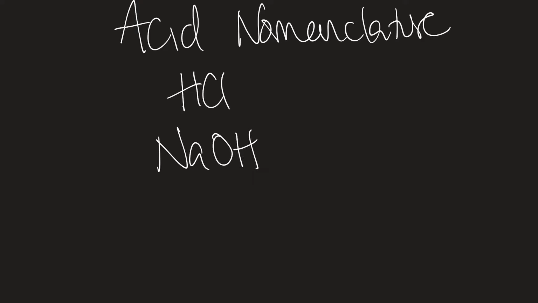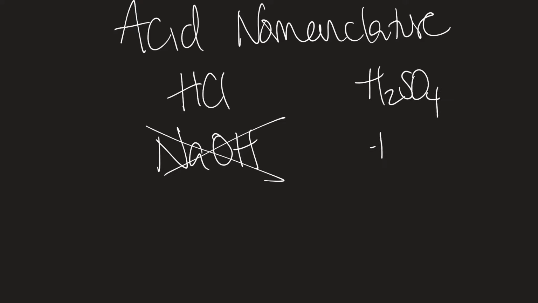This is not an acid. Other examples, here's an acid. This is an acid. And so hopefully you see that a pattern is that your hydrogens typically come first, and that's how you know that we're dealing with an acid.